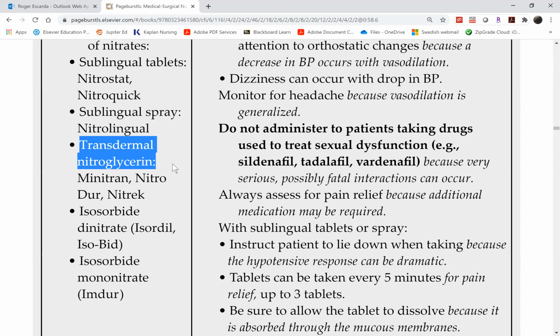So when you open your MAR for nitro ointment, it'll be Nitrobid ointment. Nitrobid will have an order to apply at a certain time, and then the next time, 12 hours later, will say remove. That way you're reminded to take it off. So it will appear like that on your MAR.